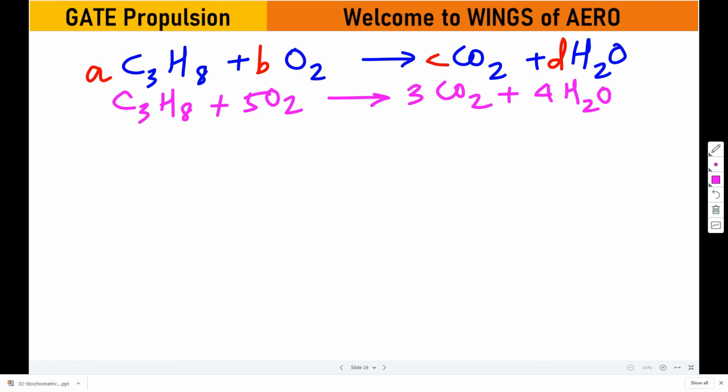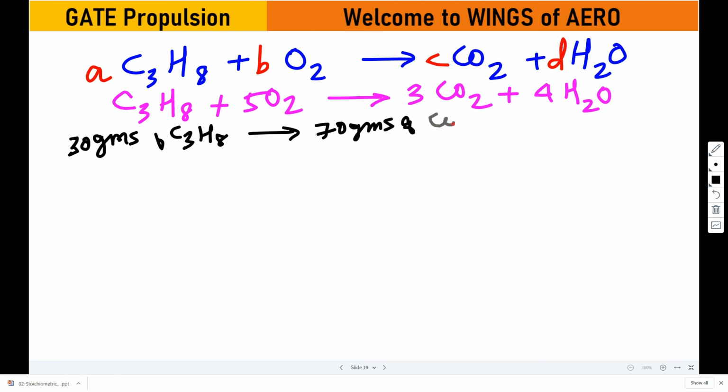Okay. First they have given this equation. In this equation, what they have stated is that 30 grams of C3H8 burns in air to produce 70 grams of CO2.